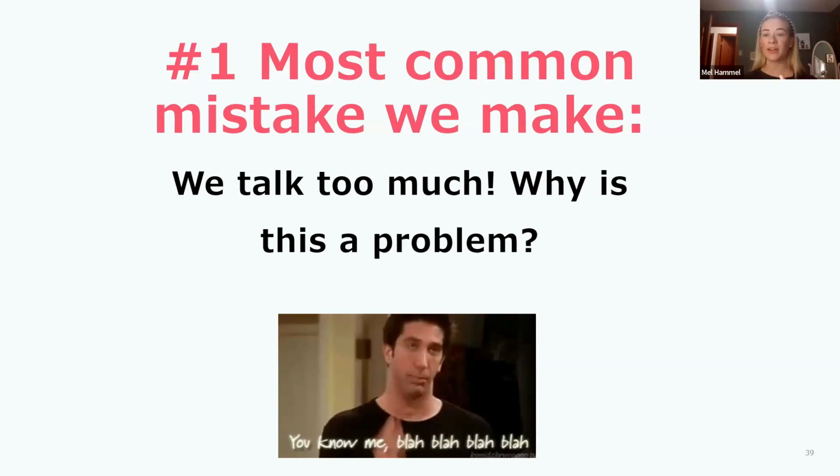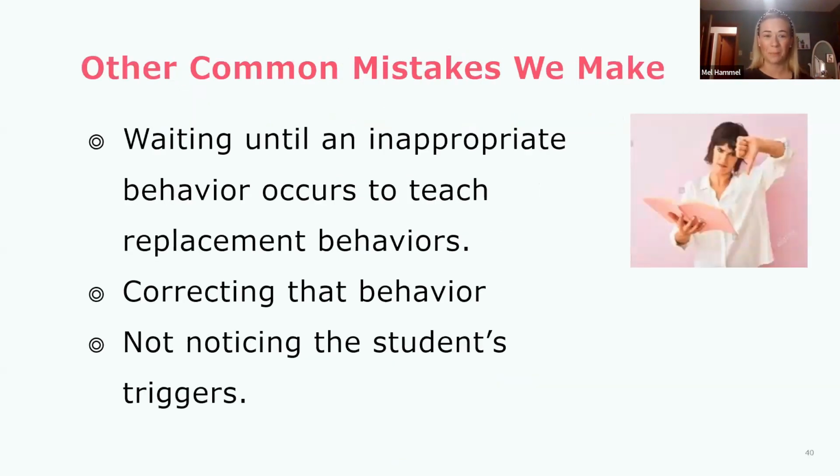Help each other out, because you're going to have to break a lot of your own behaviors while you're starting to do this, and it's going to be tough. Maybe you have an adult child, and you've done this for the past 25 years of their life, and now you're redoing all of your own behaviors. So be patient with yourself, help each other out, remind each other: Mel says to stop talking and be that silent statue.